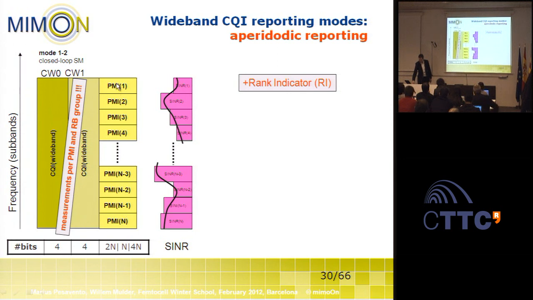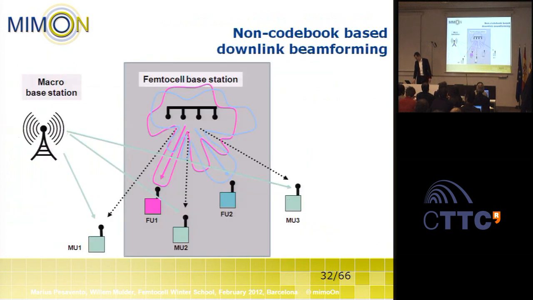So the user equipment can select the preferred precoding matrix for each subband. This gives more flexibility for selecting optimal precoding matrices, because of course the precoding matrix on a particular frequency may not be optimal for another frequency, as in a time selective channel. So this gives you a rough idea about the different reporting schemes that are supported in LTE.